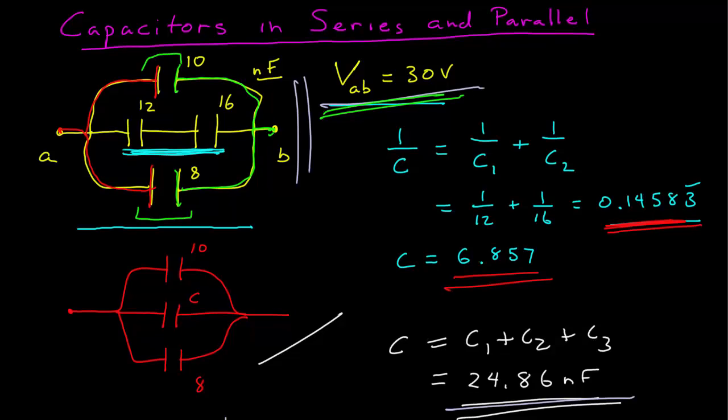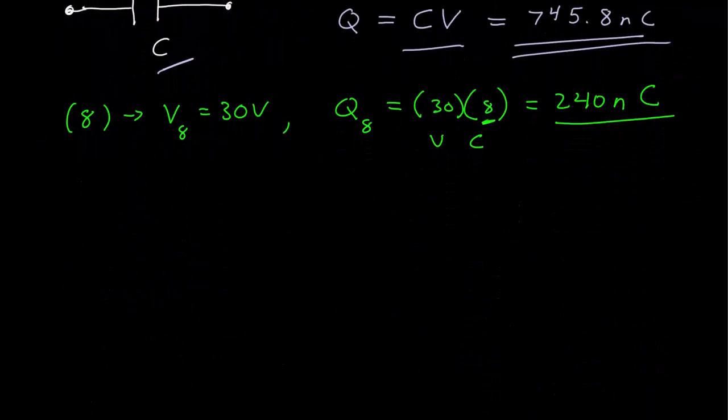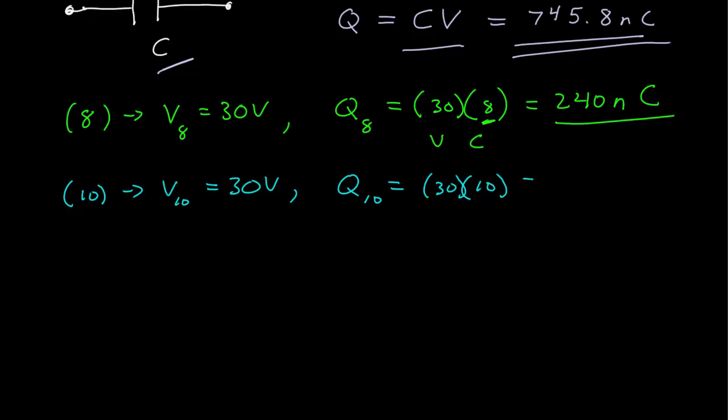The other one I was looking at is up here, the 10 nanofarad capacitor. The same thing applies. The voltage across the 10 is the same 30 volts, and so the charge on the 10 is just the voltage across times its capacitance. That's 300 nanocoulombs.